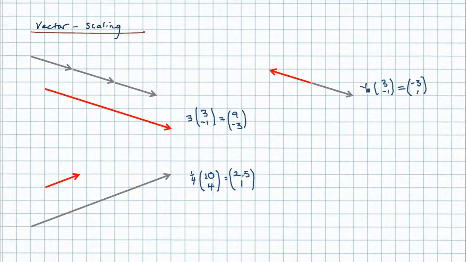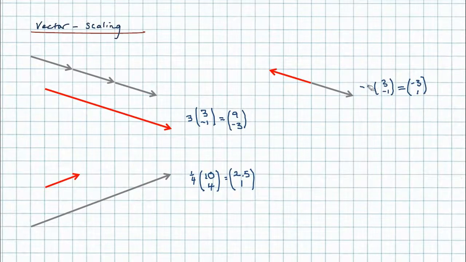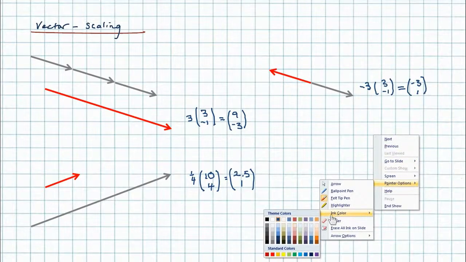That's a bit neater. Okay, now what happens if I multiply by -3? Well, you won't be at all surprised to hear that multiplying by -3 will also give me a reverse direction. But at the same time, it will stretch the vector.